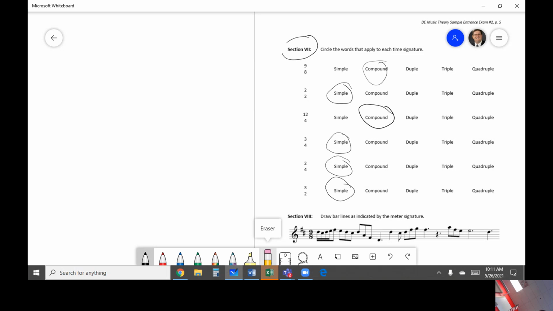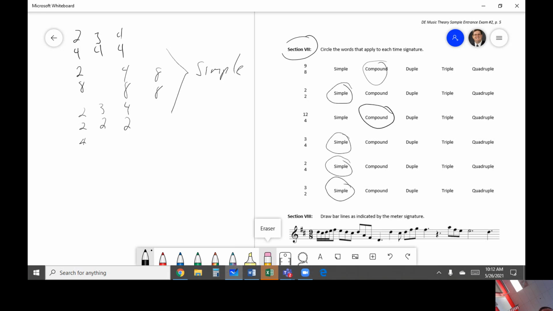All right? So let's just go through here and make a chart. 2-4, 3-4, 4-4, 2-8, 4-8, 8-8, 2-2, 3-2, 4-2. All those are going to be simple.